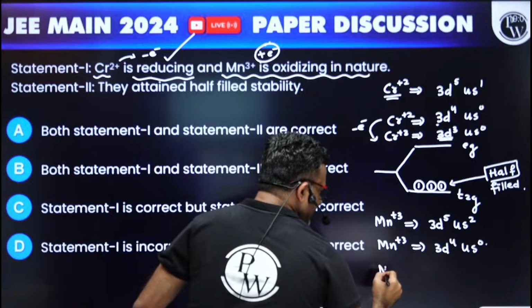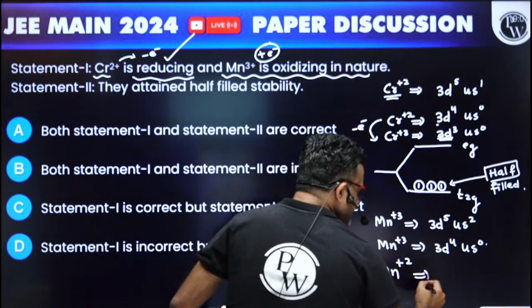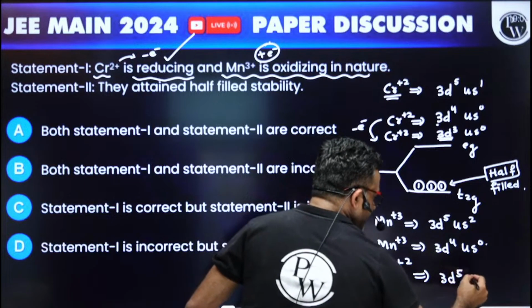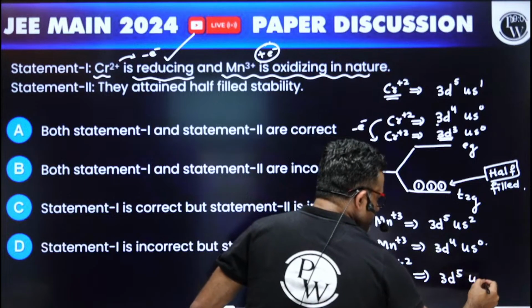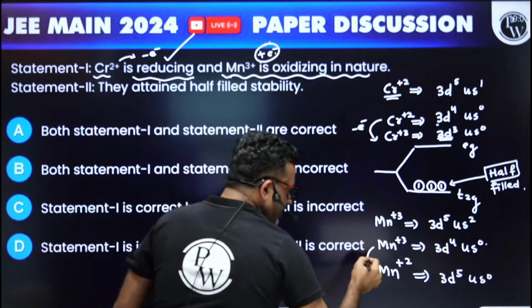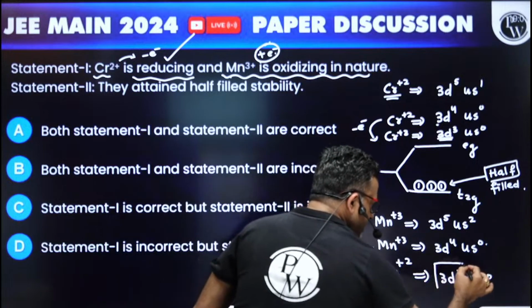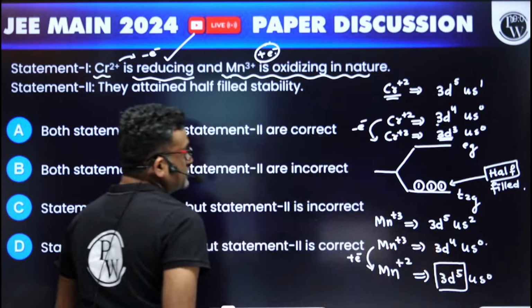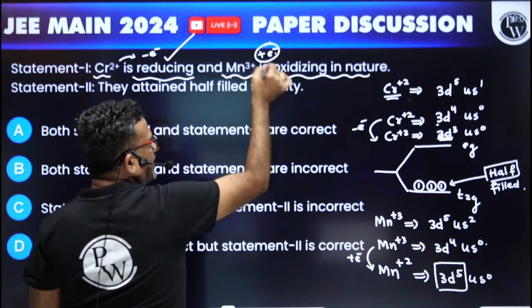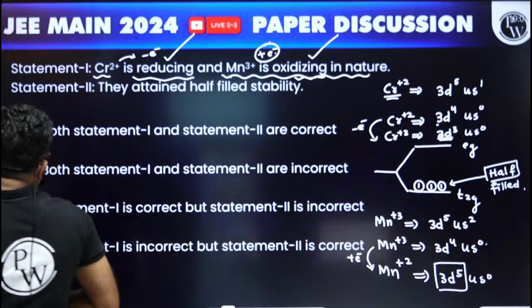If it gains an electron, it becomes Mn plus 2, which is 3d5 4s0. After gaining the electron, it is going to become extra stable due to half filled configuration. Therefore, it would definitely gain the electron and act as an oxidizing agent. So statement 1 is right.